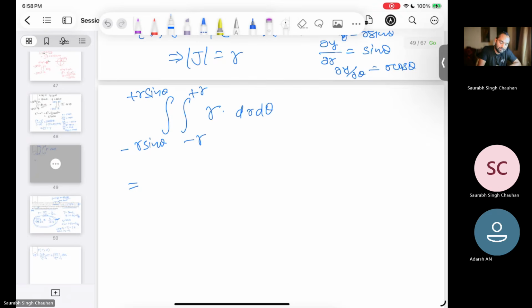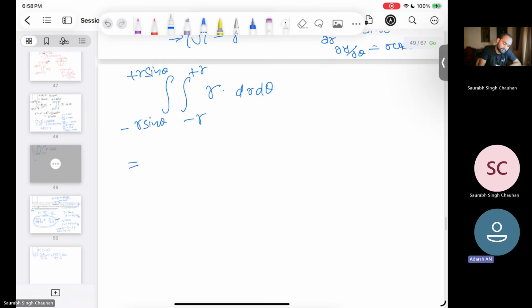What will be the integration of r? r square by 2, and then it is twice, so it will be r square into theta. It was r square by 2 and you are doing it twice.